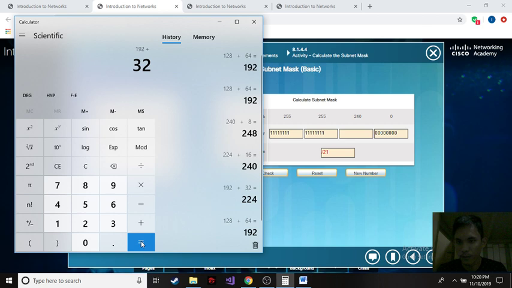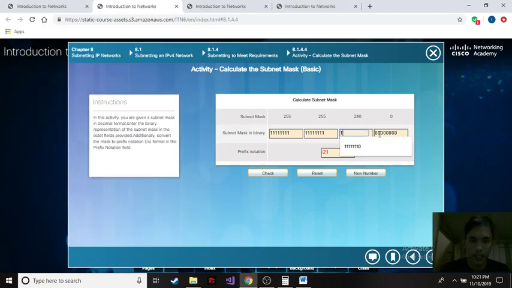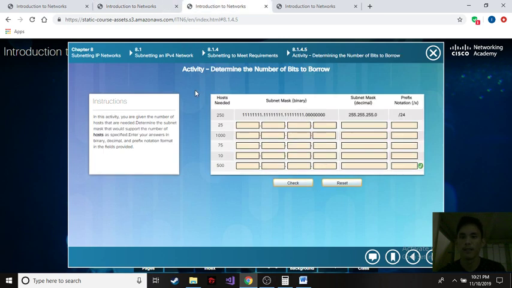It should be 240, and the answer should be 16, 16, 1, 2, 3, 4, so 20. So that's it. That's how you calculate the subnet mask. So let's proceed to the next activity.